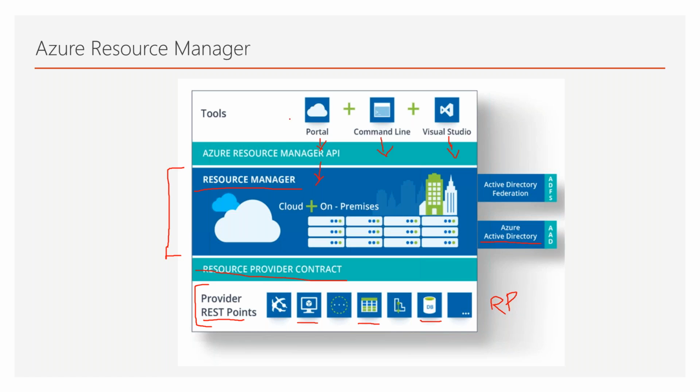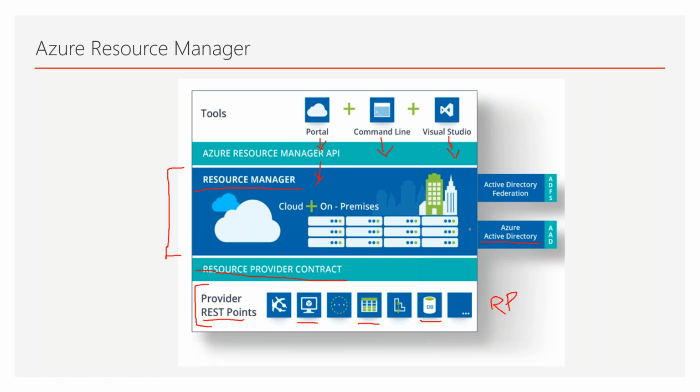So whenever you want to create a resource, you're not going to talk to these different services directly. You will pass in your information to the Azure Resource Manager API. Like, I want to create a storage account, so I selected some configuration in the portal and passed that information to the resource manager API. That got passed to the resource manager.